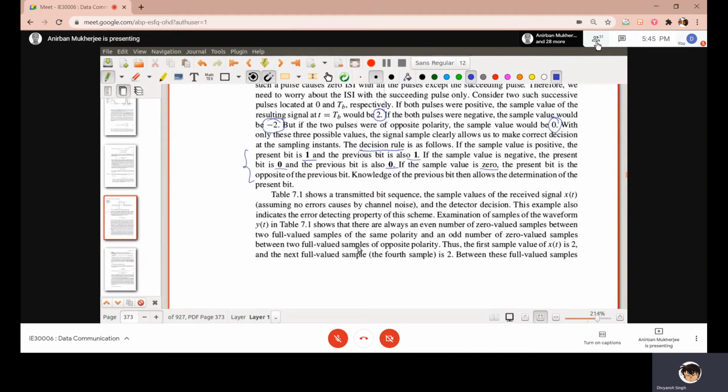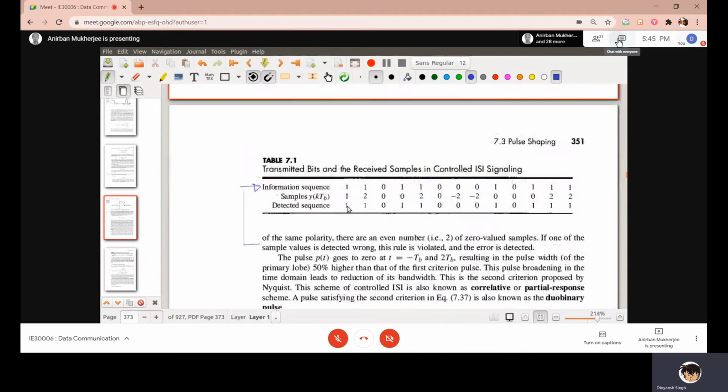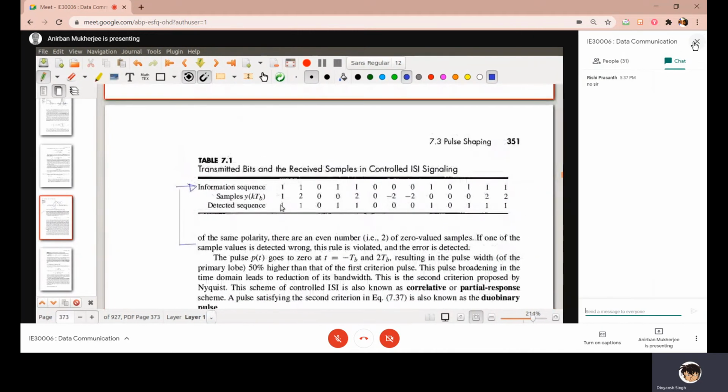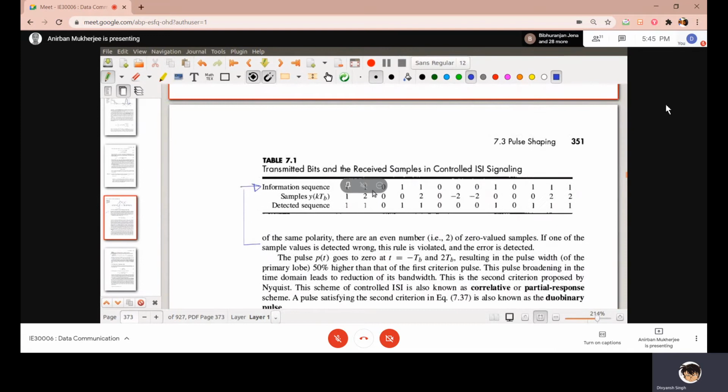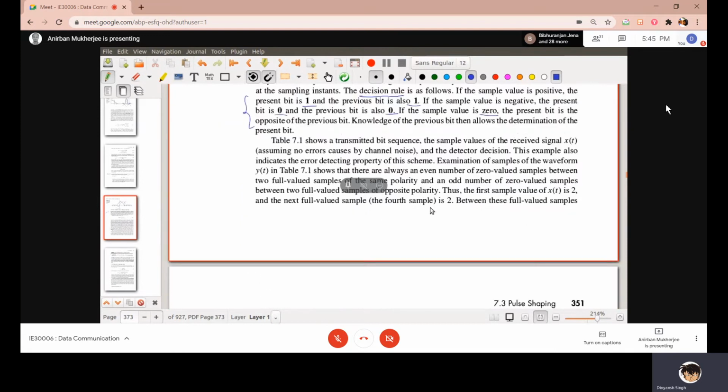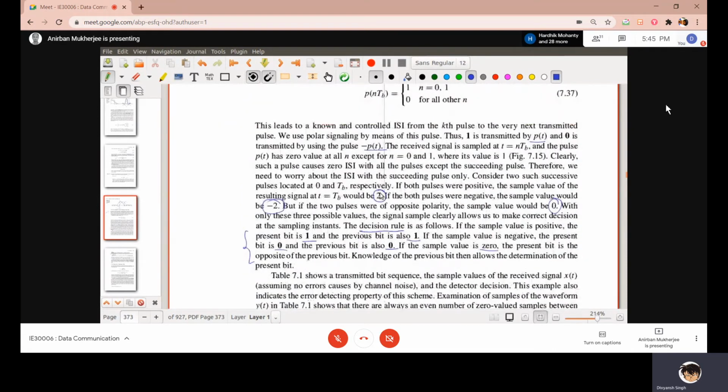Now if the sample value is positive, for the second one the sample value is positive, which means the present bit is 1 and the previous bit is 1.